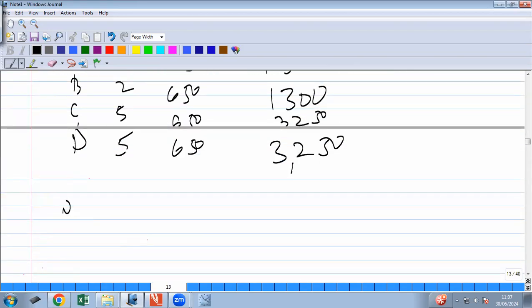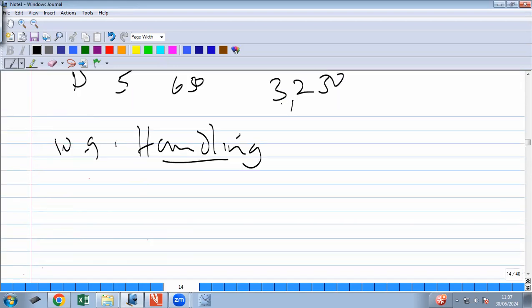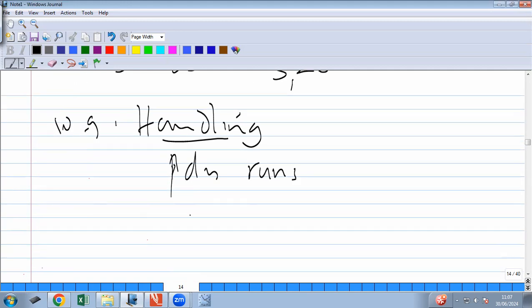So this is working number 9. And for handling, the cost driver will still be the production runs. They only gave us 2 options, but handling is related to production runs.